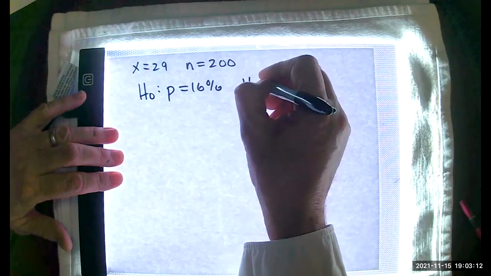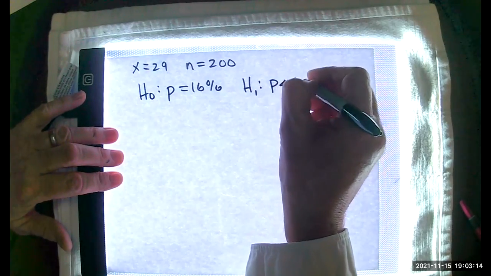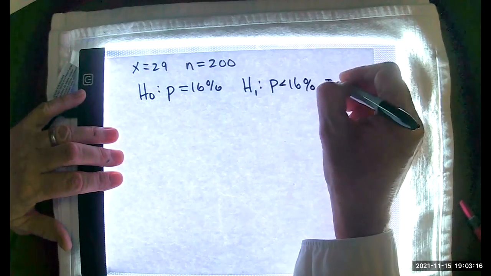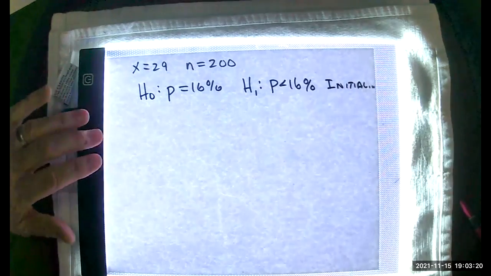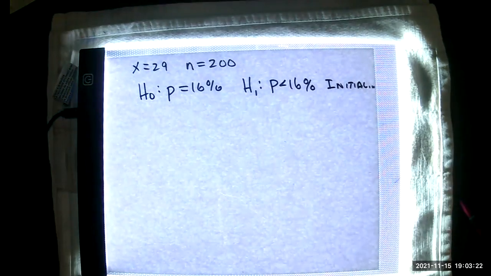We've got the alternative hypothesis, p is less than 16%. That's my initial claim. All right. So once I get that down, I note that I've got a left tail test. Actually, I noted that on the previous page. I just didn't say it out loud.